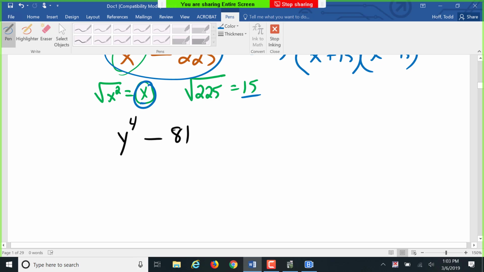Is this the difference of perfect squares? Yeah, what is the square root of y squared? Y. What's the square root of 81? 9. So that's going to become, what are my two products going to be?